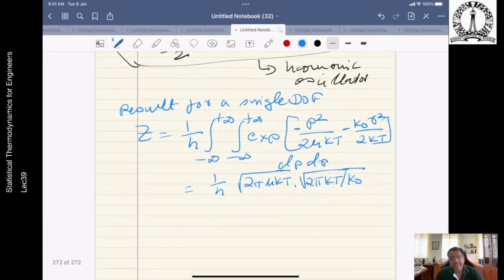So we have conveniently done what? We have separated the contributions to the partition function from the independent momentum and position terms.